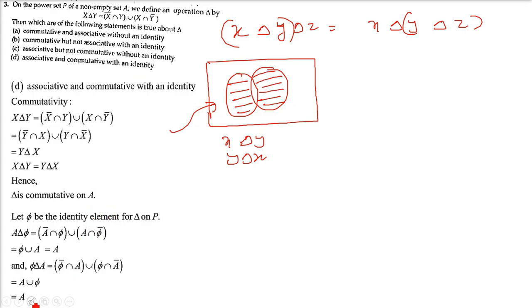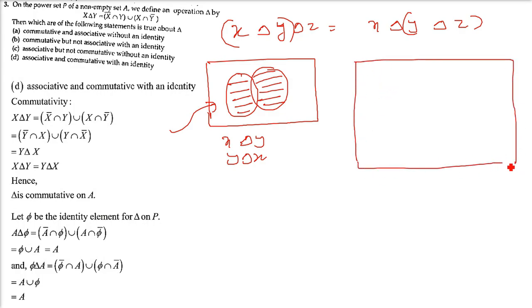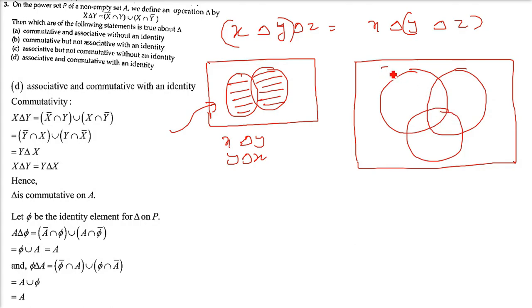This is commutative. Okay. Now same logic, same reasoning we are going to use to prove that it is associative. This is X, this is Y, and this one is Z. You can take any of them as X, Y, Z. Now X and Y, just see the left area. That is the left figure which I just made. So the intersection part will not be taken.